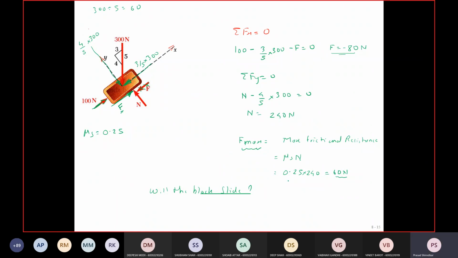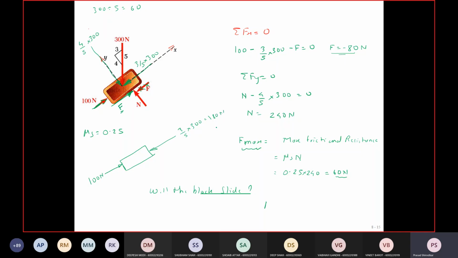Consider this block: the force along the x-axis is 100 newtons, and the x component is 3 by 5 into 300, that is equal to 180 newtons.